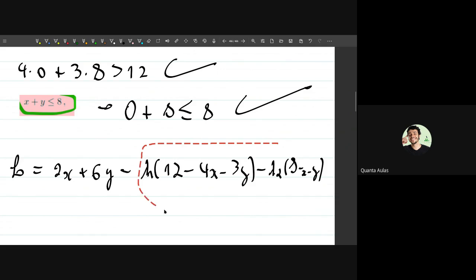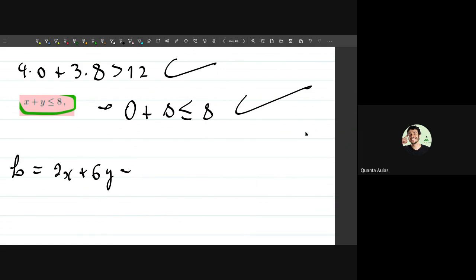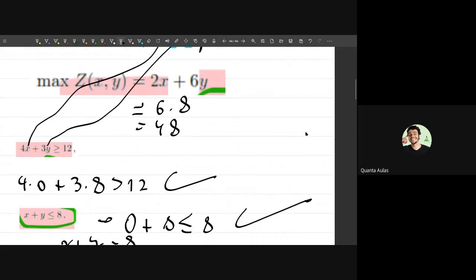So I can erase this and put only one Lagrangian thing. It will be x plus y minus 8. Okay, because we have an extreme situation here, in which the sum of these two things is 8, right? Thus, we have this point.